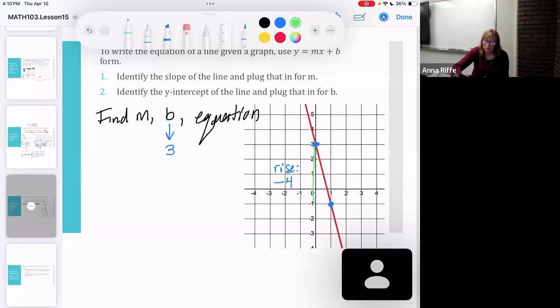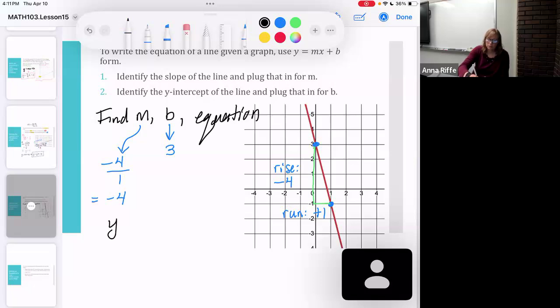And then for my run, I'm going to go to the right 1, so my run is +1. Looking at my slope, it appears that it is going down from left to right. Therefore, I should have a negative slope. My rise over my run is -4/1, which you could just write as -4. Those two mean the same thing.